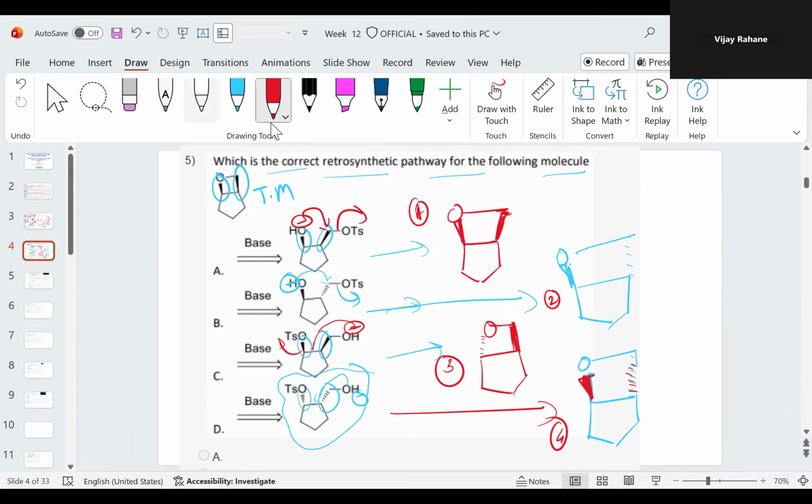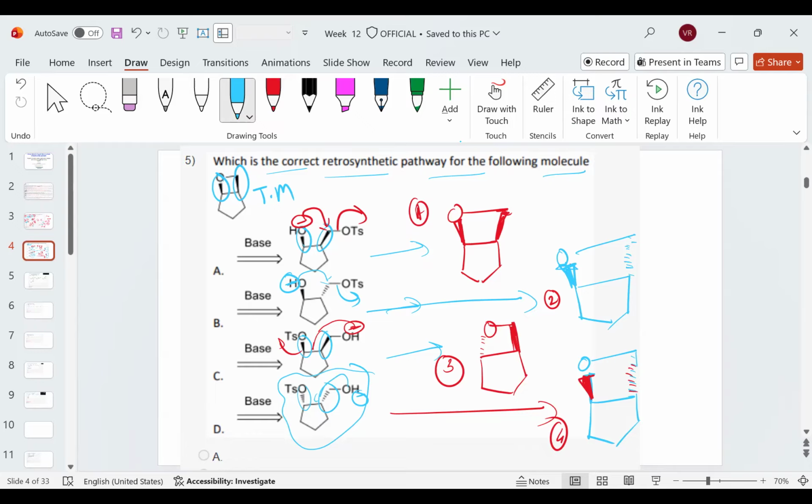In this case, as mentioned, the stereochemistry is up, and this bond should be down. Any doubt regarding the stereochemistry that I have mentioned here?